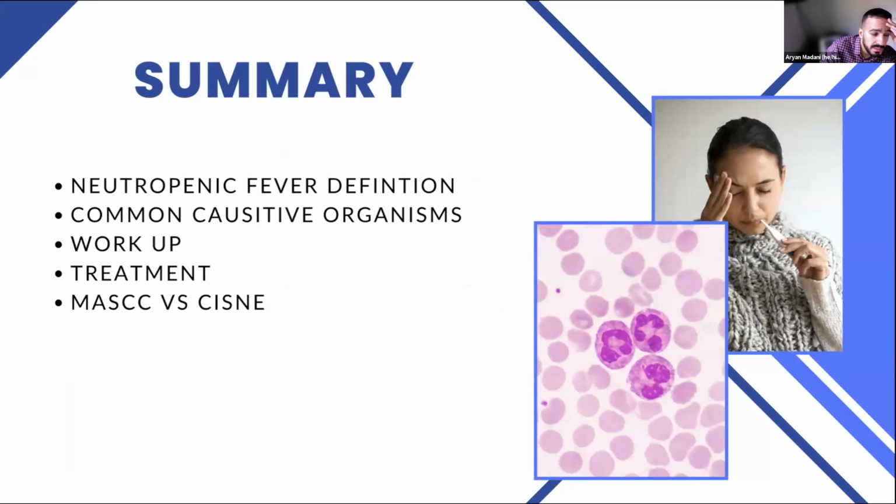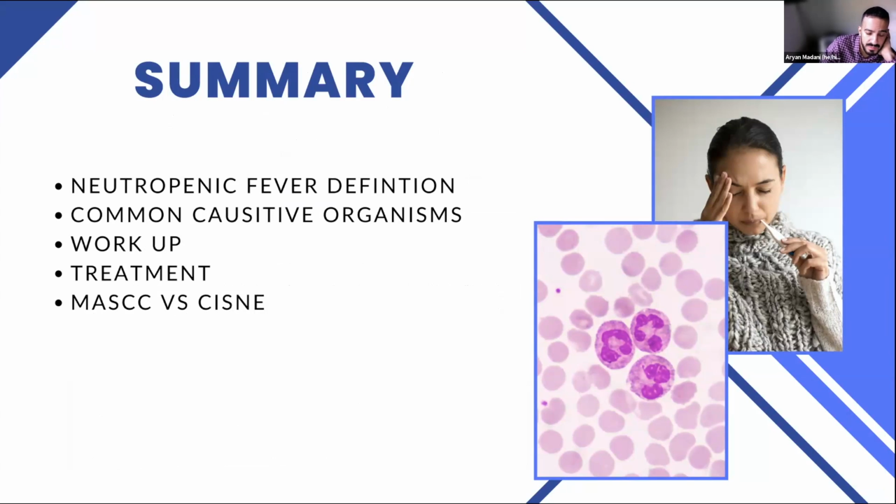So just a summary here, neutropenia is defined as an absolute neutrophil count less than 500 or less than 1,000 with an expected decrease to less than 500. We should worry about gram-positive infection and gram-negatives, and thinking of pseudomonal infection, staph infections. Always consider the potential fungal infection as well.